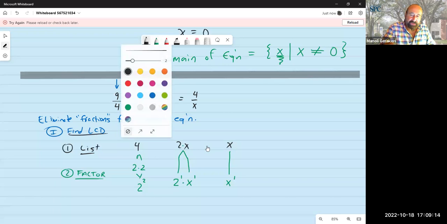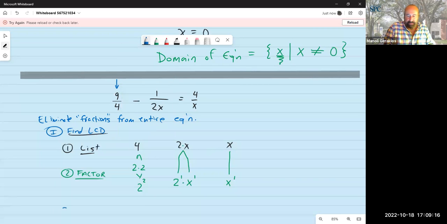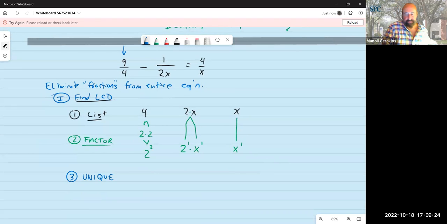Now we're ready to populate the LCD with one of everything different, unique factors. The LCD contains, right? Equals. And contains is another word that could translate to the equal sign.